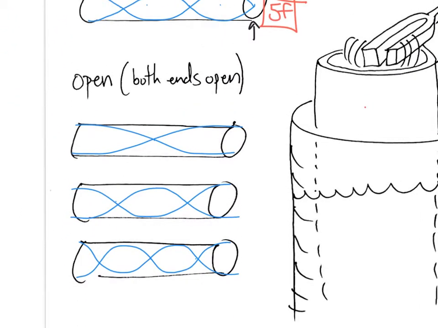For both ends open, maybe you're looking at this part of a wave that I've drawn and wondering what the relationship is between the length of the air column and the wavelength of the wave. You probably figured it out by now. The length of the air column is half the wavelength. And here, bottom to bottom, the length is equal to 1 wavelength, and here the length is equal to 1.5 wavelengths.